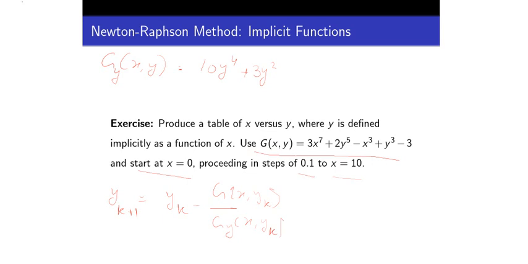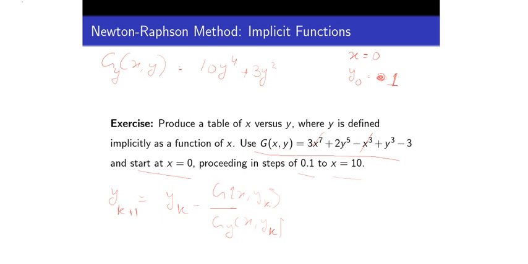So suppose I take the case x equals 0. So this term is gone. You can choose y0 as 0, or I say I must choose 1. If I choose 1, then g of 0 comma 1 is 0, because 2 plus 1 is 3, and 3 minus 3 is 0.